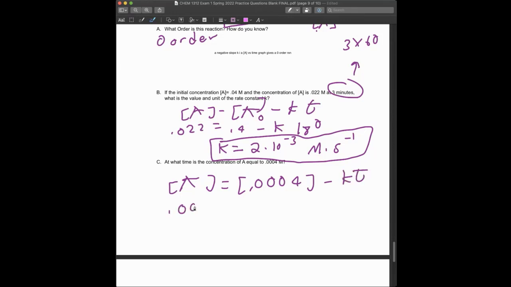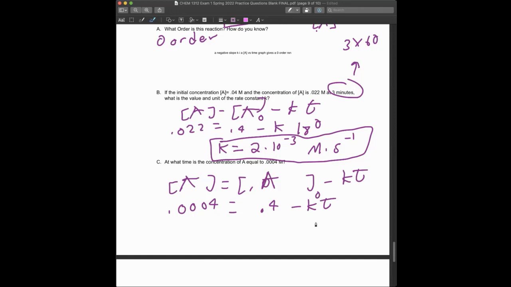So we have, this is our concentration. Sorry about that, I messed that up. When we plug in our known variables, we get this.